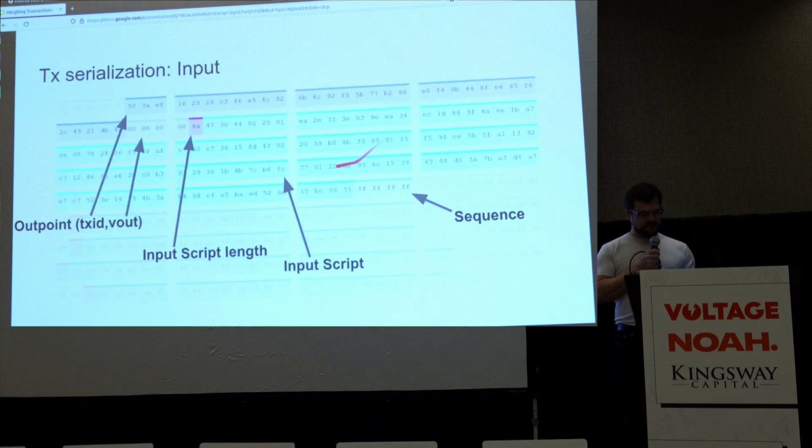Here. So a non-Segwit transaction has to provide the witness data, so to speak, the script arguments to satisfy the condition script, in the input script.